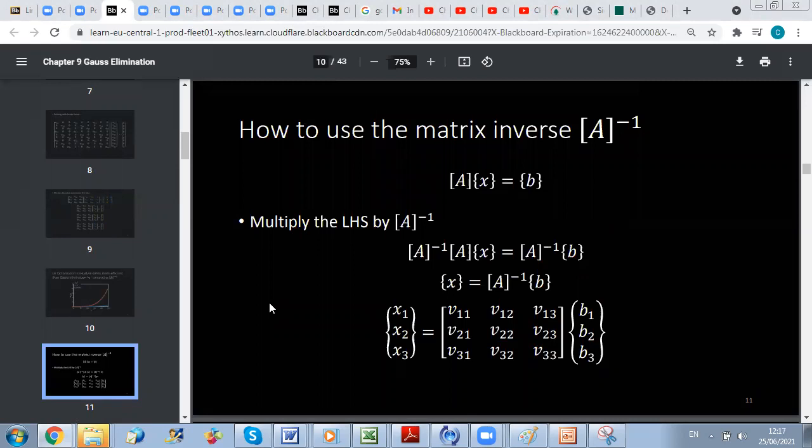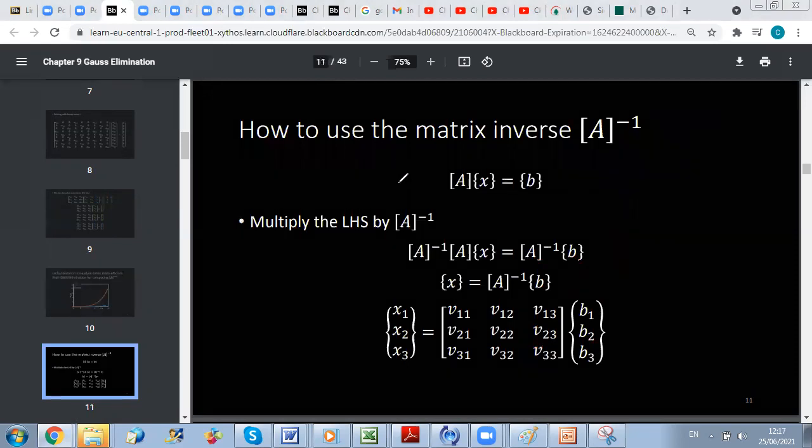Just before doing the practice, we will see what is the importance of using the matrix inverse. So now we have introduced the method to find the inverse of the matrix, but why is it helpful to find A minus 1? For example, if your initial system is matrix A times X equals B, and you multiply both sides of your equation by A minus 1, what do you get?